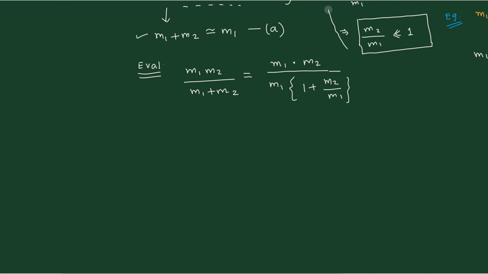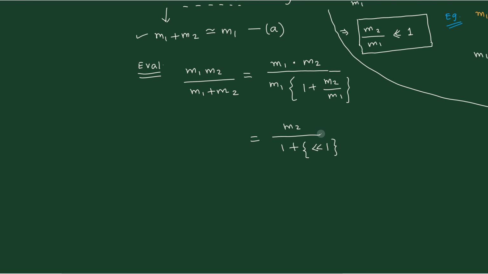Then you will cancel this expression and write down m2 divided by 1 plus m2 by m1. This is where you are going to apply the rule. m2 by m1 is much less than 1. So I'll write down 1 plus a quantity which is going to be much less than 1.